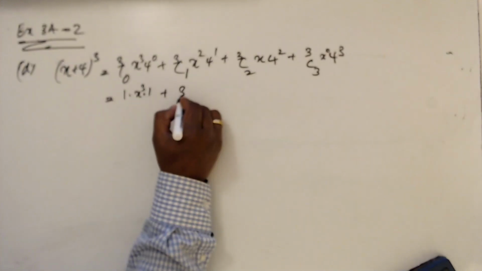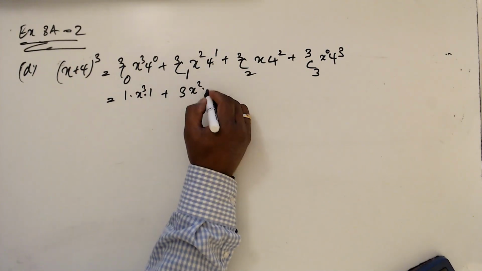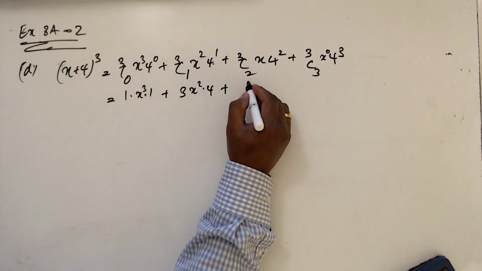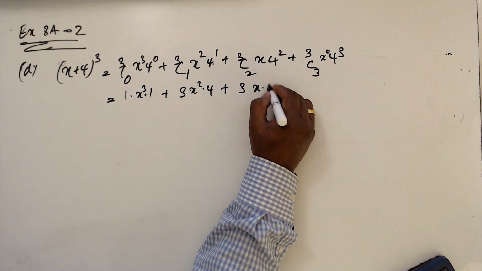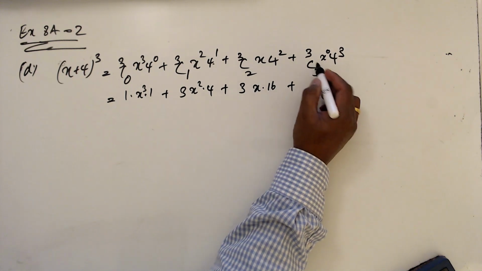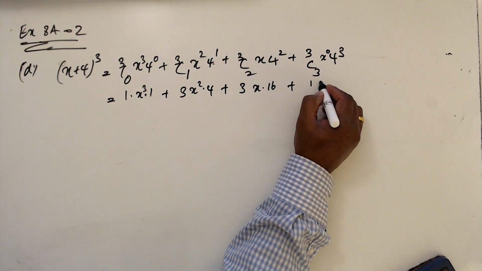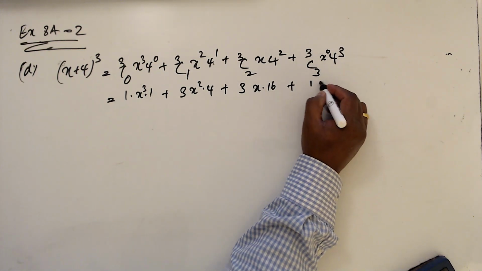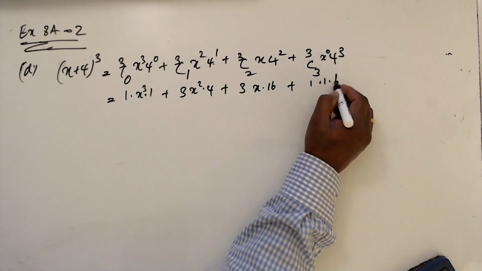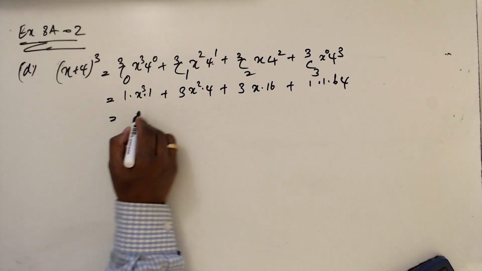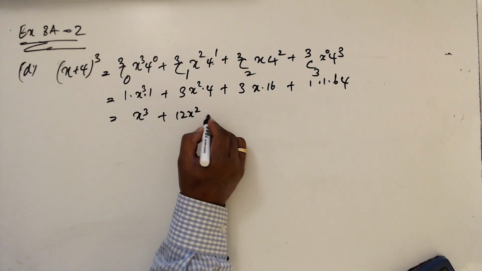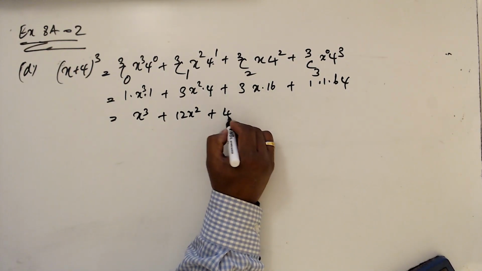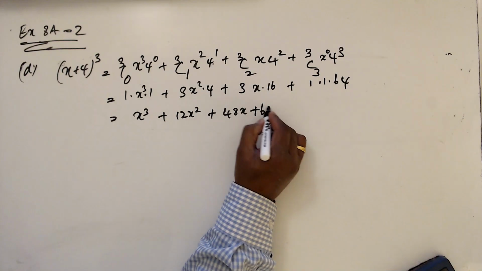This is 3x squared times 4. This is also, we know, 3x times 4 squared, 16, and this is going to be 1, x to the 0 is 1 and 4 cubed is 64. So x cubed plus 12x squared plus 48x plus 64.